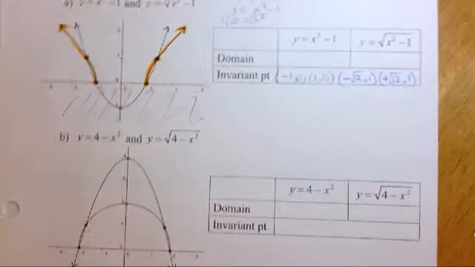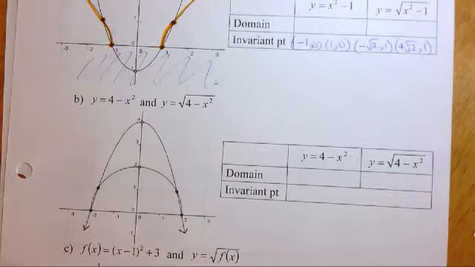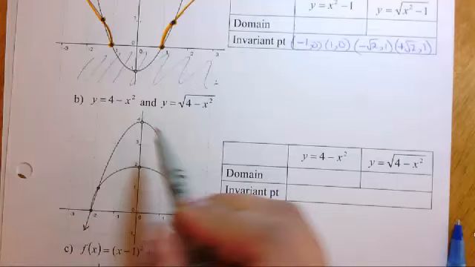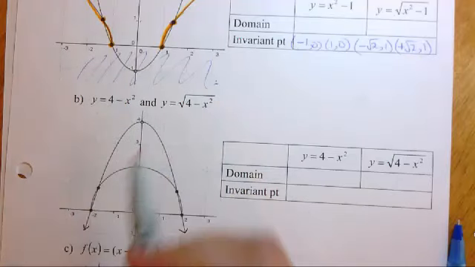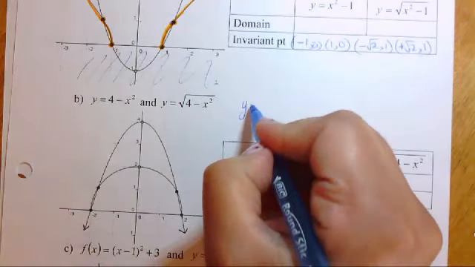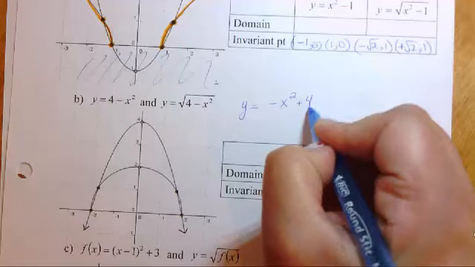Okay. Now, the next example here, this is the original that's up here. That is 4 minus x squared. If you want, you can think of this as y equals negative x squared plus 4.